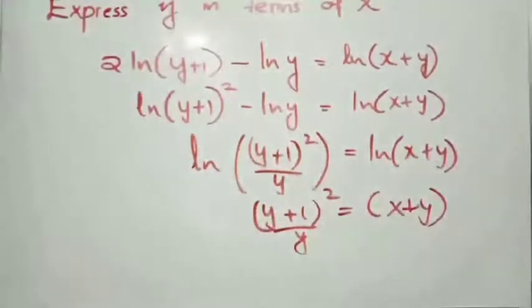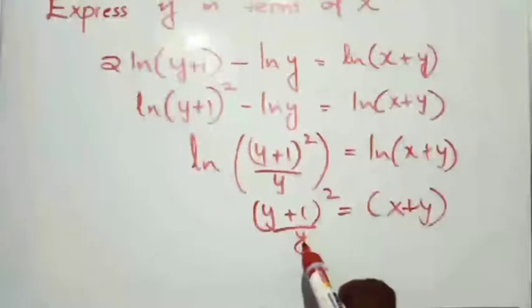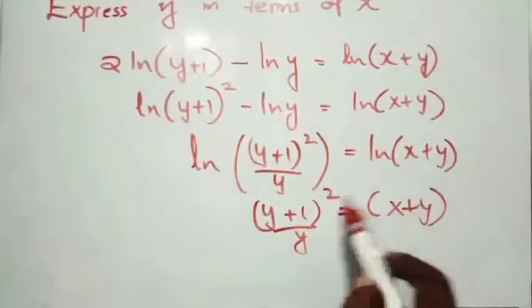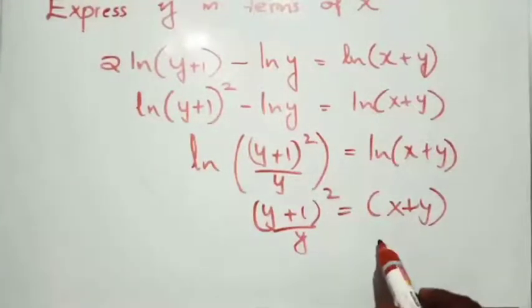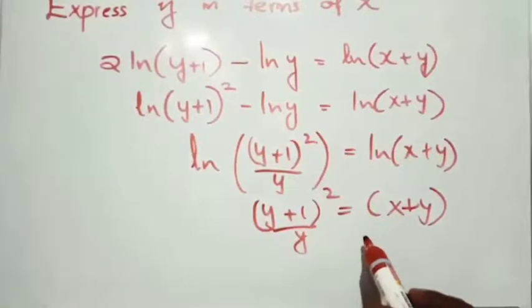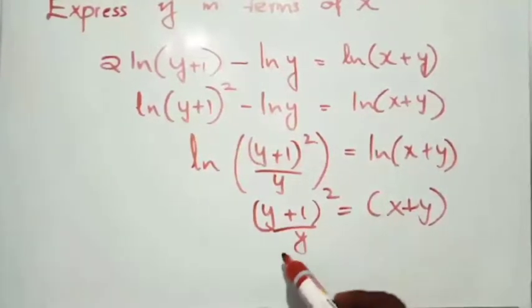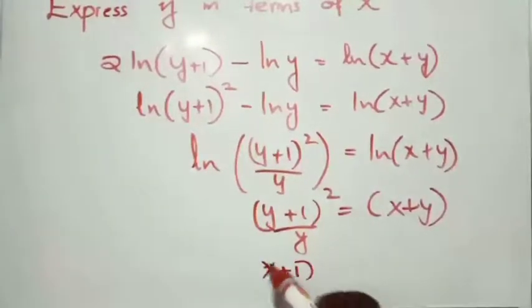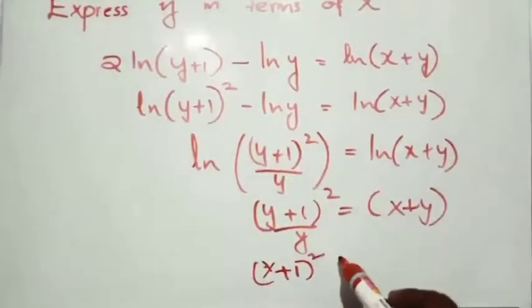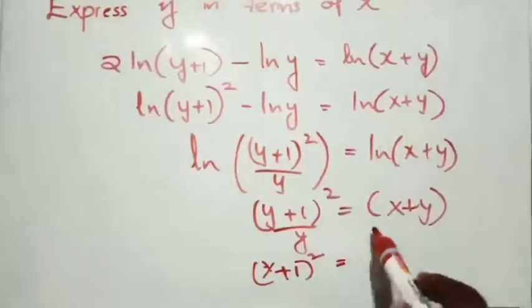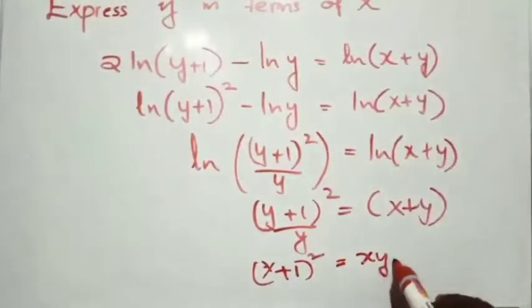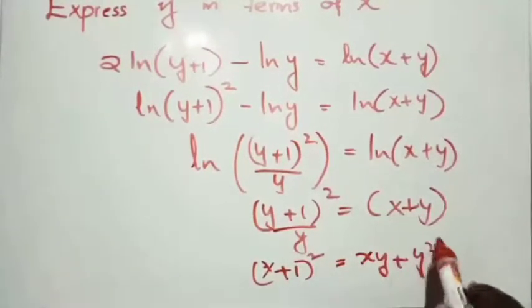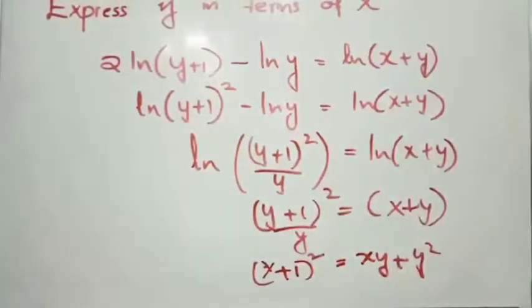So the next thing is cross multiply, or else you can take this plus y to the left side. We want y in terms of x, no? So when you cross multiply, we get (y plus 1) the whole squared is equal to xy plus y squared. Isn't it?